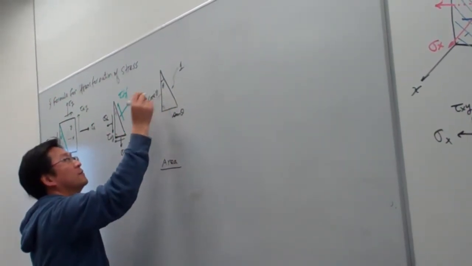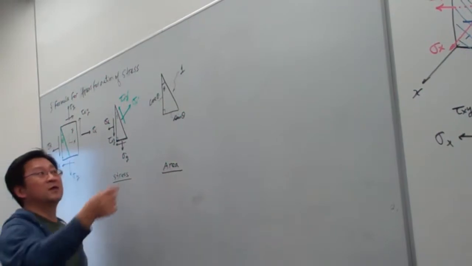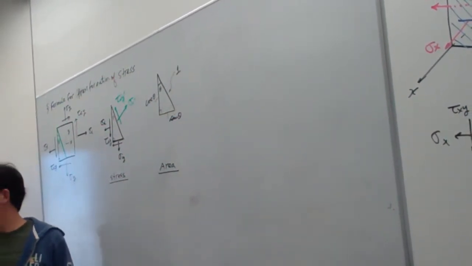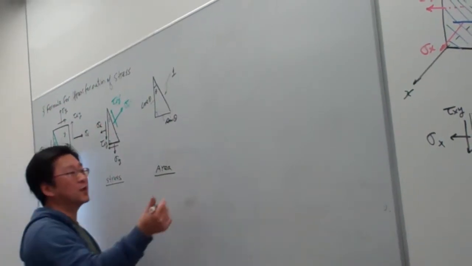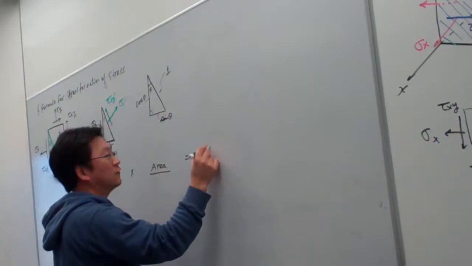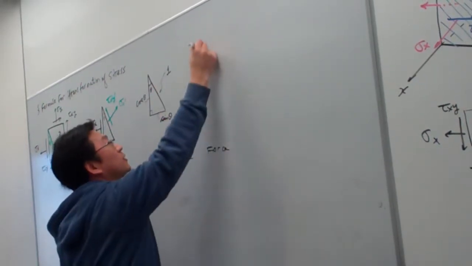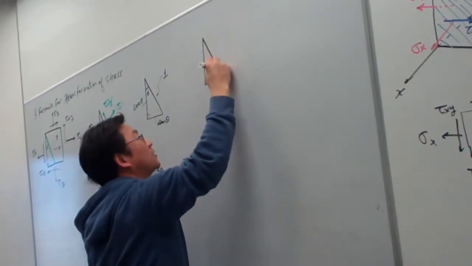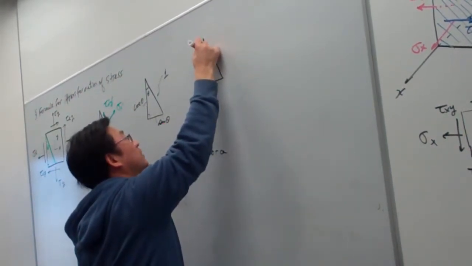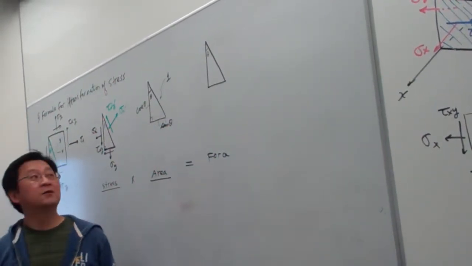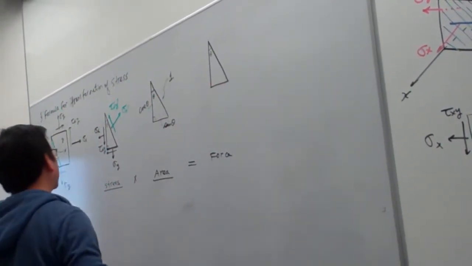Cosine theta. Or if you like, you can say this one is A, then everything will be scaled up by A. So this is area. The corresponding stress multiplied by area equals force. So here we have the distribution of the force on this triangular element, on which we can apply the equilibrium equations. Here we do this one carefully.